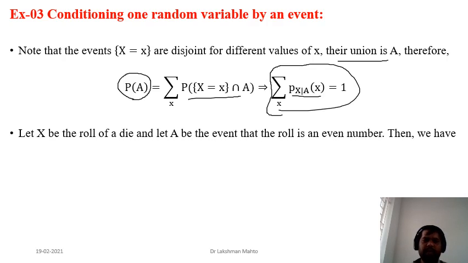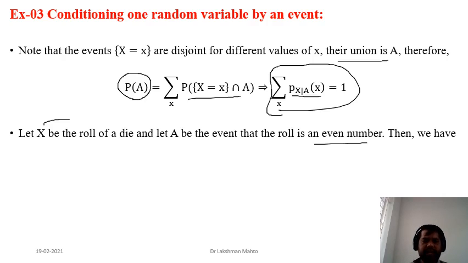So one example here I would like to take. Consider x with the roll of a dice. This is your experiment. You are rolling a dice, and x is the random variable that you are defining: whatever outcome you observe while rolling the dice, that would be x.